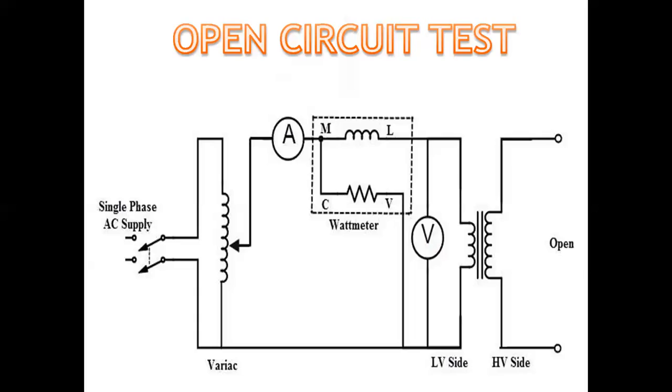Here a single phase AC supply is provided with the help of a variac. By changing that variac, or we can say an auto transformer, the voltage is supplied to the low voltage side and maintained at rated voltage.